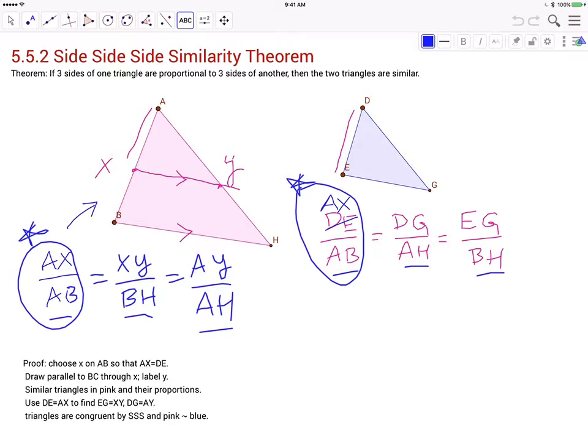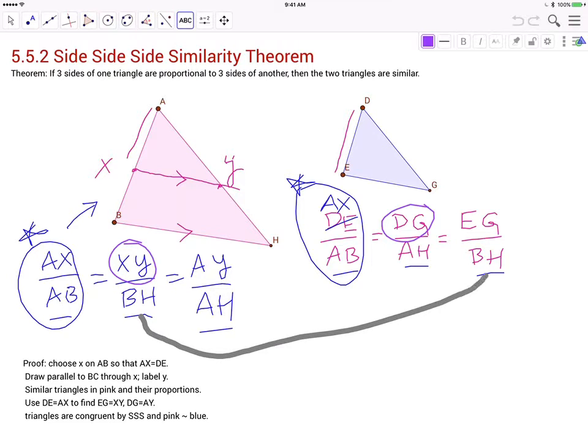So hopefully you can see that pretty quickly you can make an argument that XY and DG must be the same number. See the parallel, oh, so I'm sorry, XY and EG must be the same number.